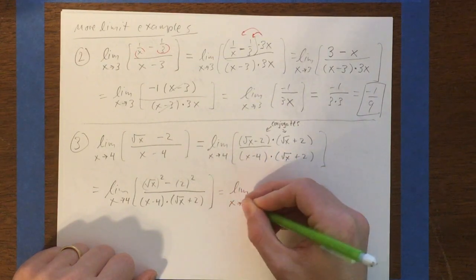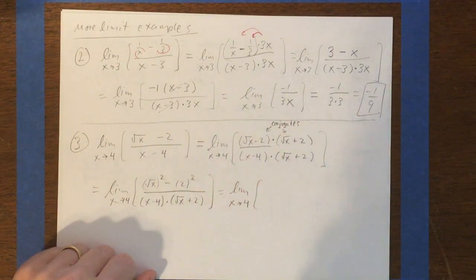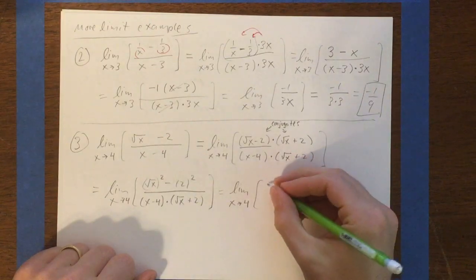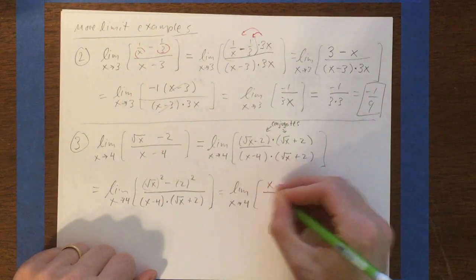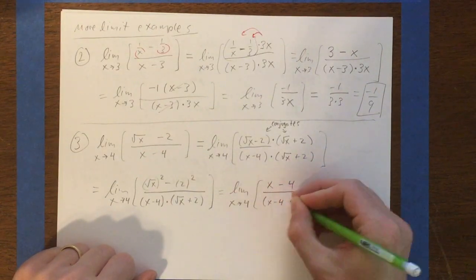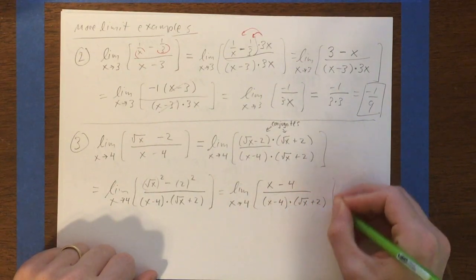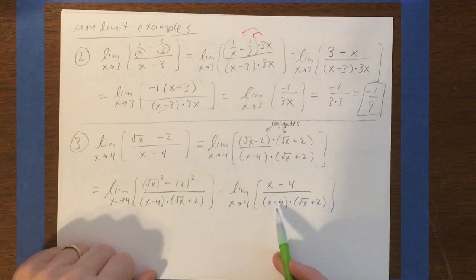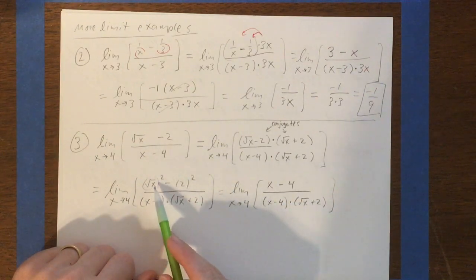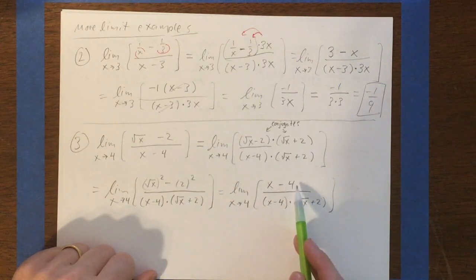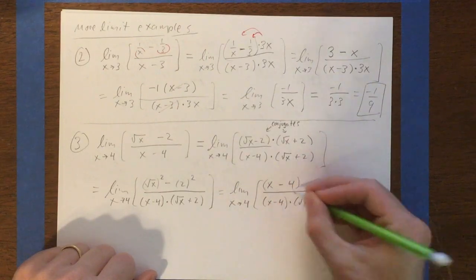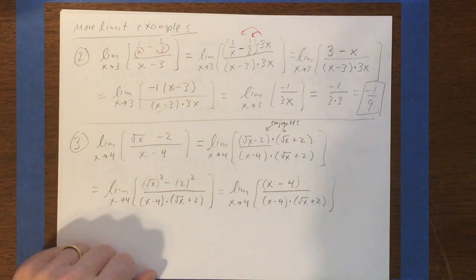If we don't need to multiply something out, we're not going to, because we'd rather have things factored so that we can find those common factors and cancel them. So aren't you glad we didn't multiply these together? Because check it out. The numerator has simplified to x minus 4, and now the x minus 4 factor is shared in common between the numerator and denominator, so we can cancel it.